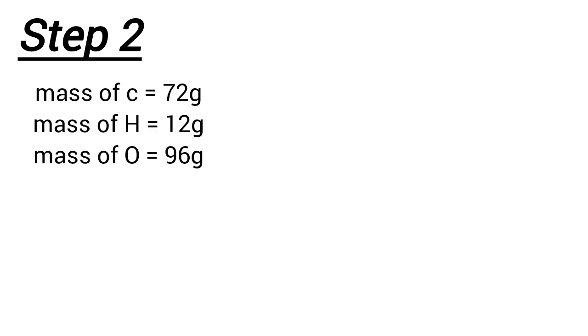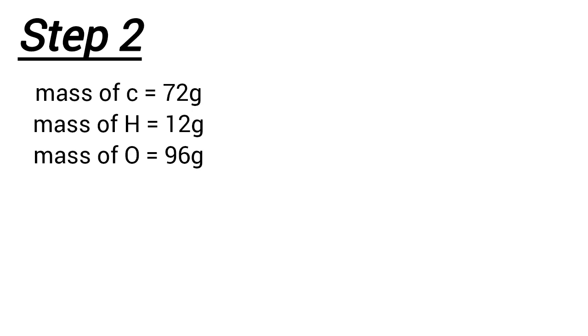So for the second step, we find the molar mass of glucose. And how do we do this? We do this by adding the masses of the elements present in the compound.